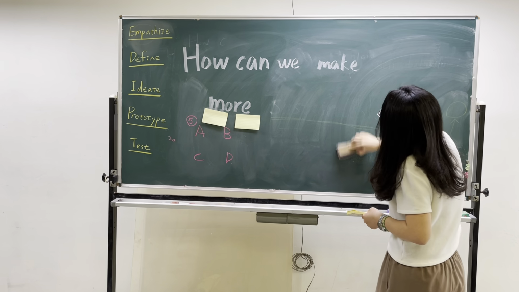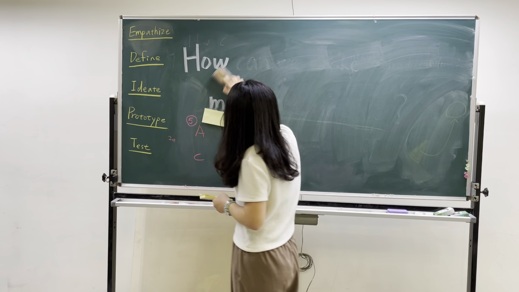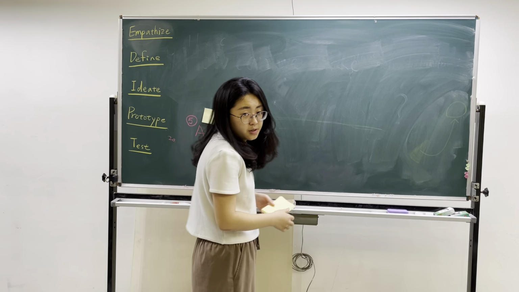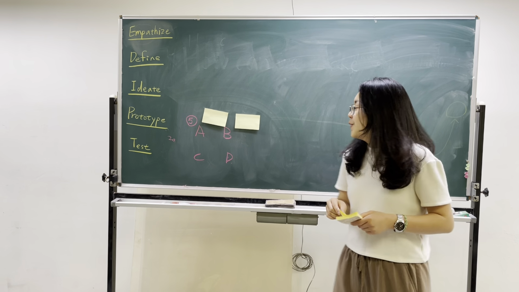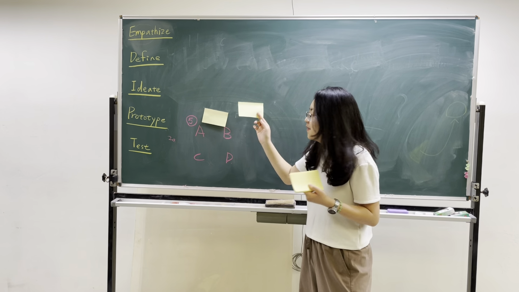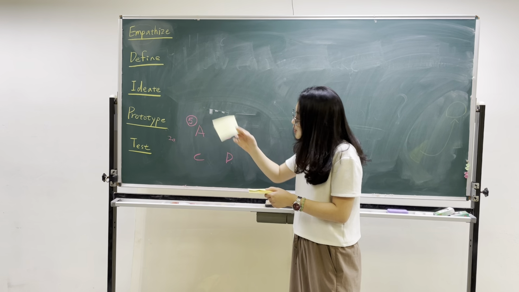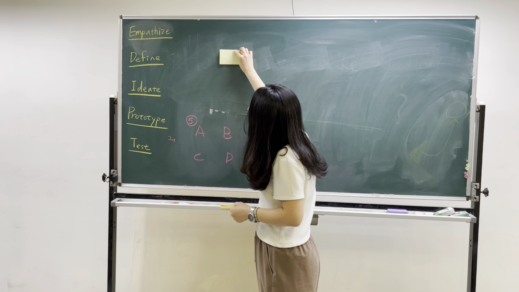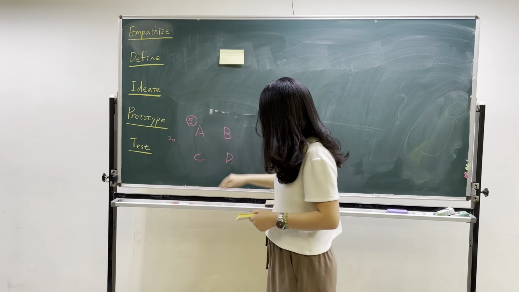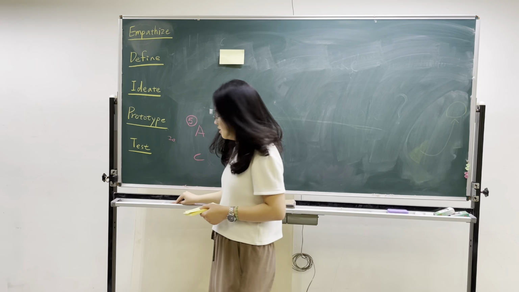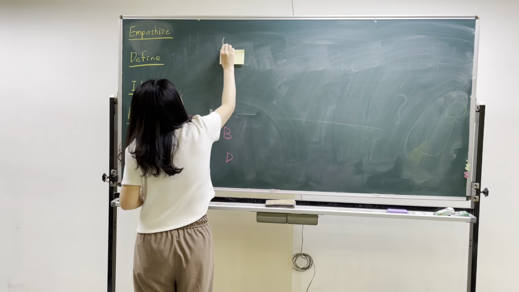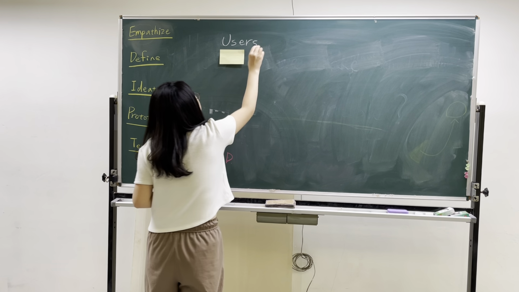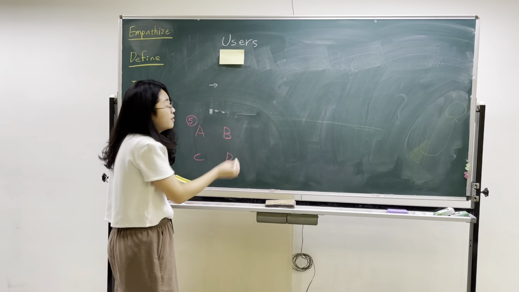Okay, so now I think you have all finished the first step of interviewing. Now we have got a lot of stickers from here, and we are going to group your ideas. The first is, who is our main user? Some say students.